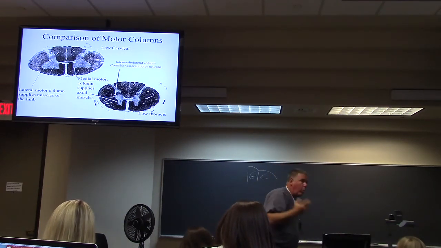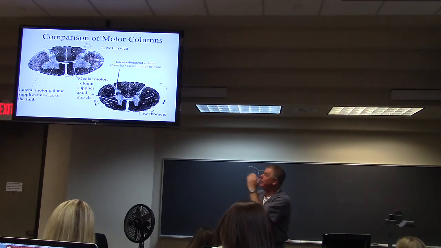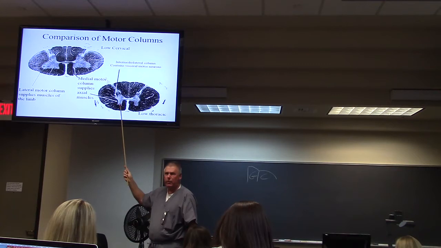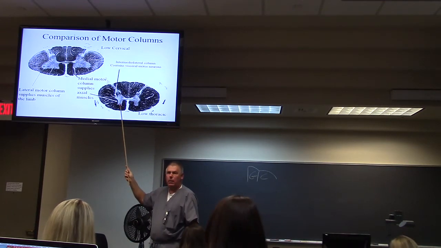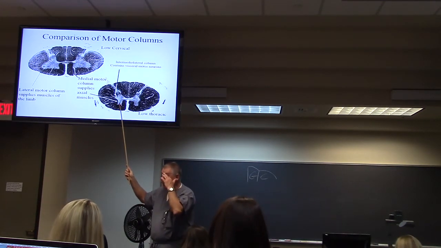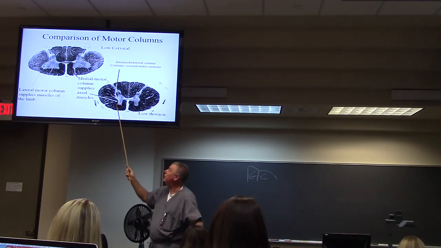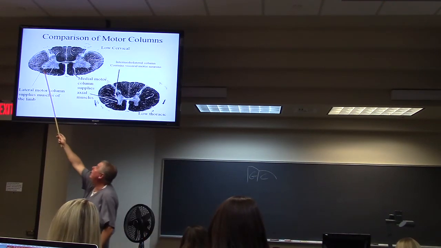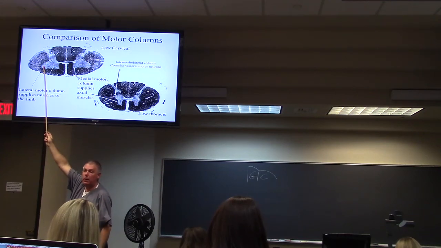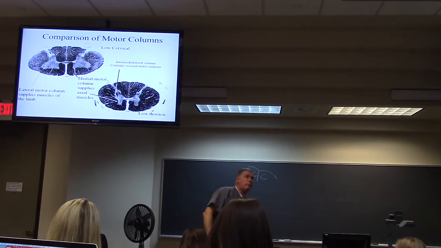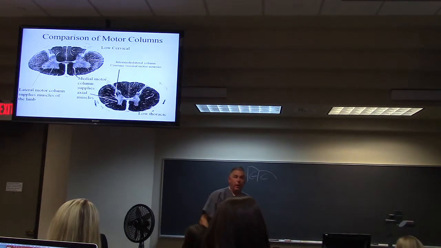So, where is the commonality in these cross sections? The commonality is in the medial part. When you get to the upper extremity and lower extremity, we're going to put those motor neurons out here laterally. Understand? Follow that?